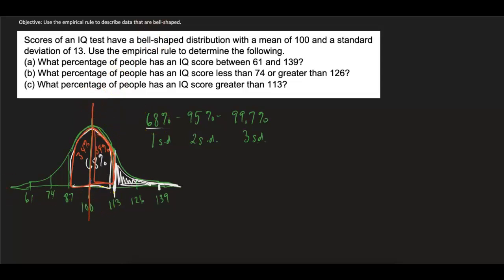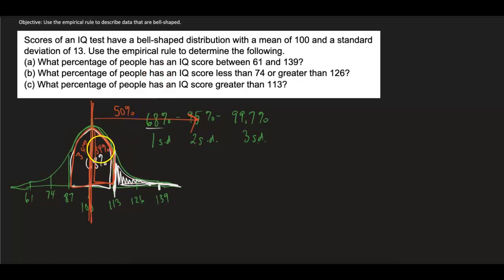Everything to the left or to the right of this symmetry line would be 50%. So I'm going to look at just to the right. Everything to the right here is 50%. That is a 50, by the way. Let me fix that.